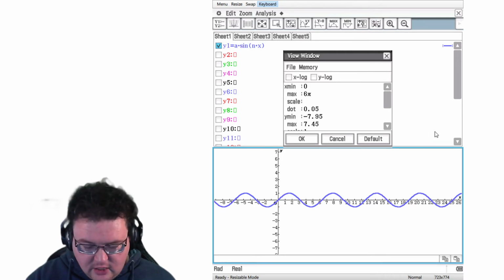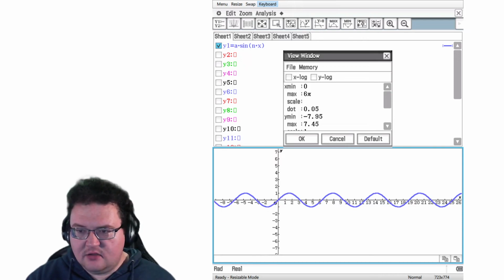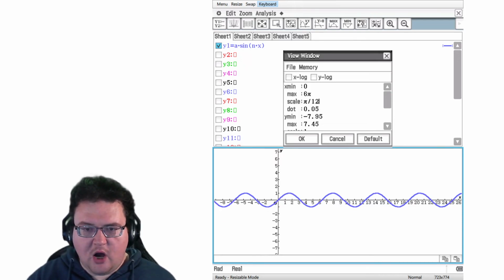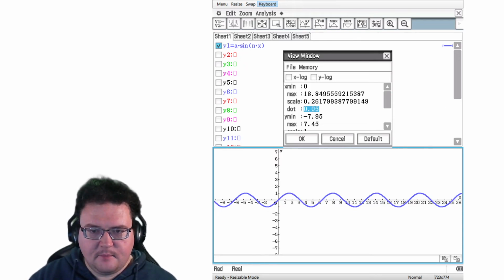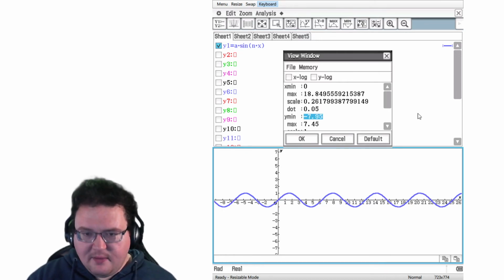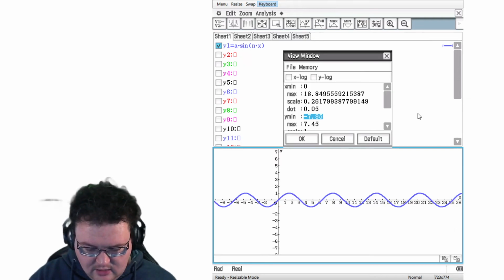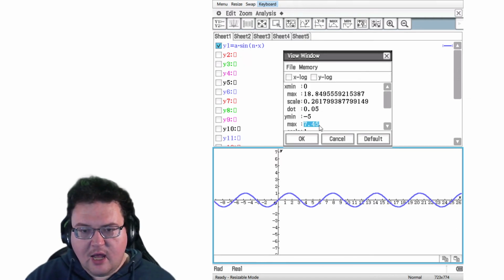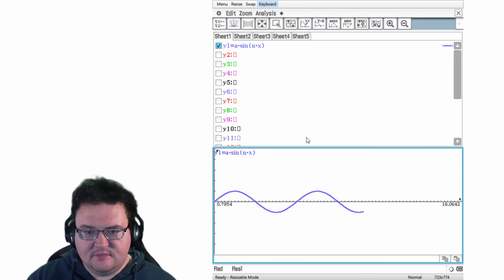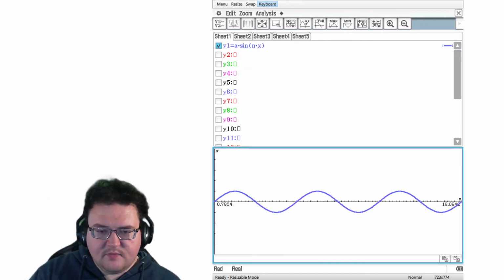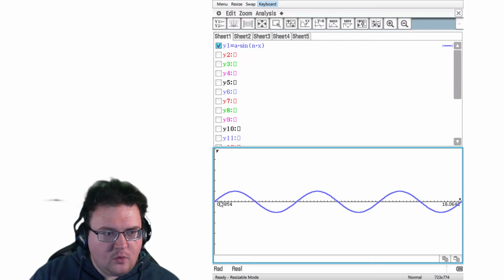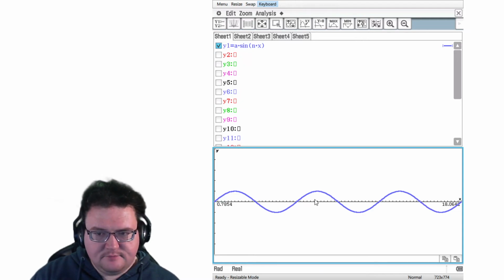I'm also then going to change the scale to pi on 12. I'm going to change my y minimum and y maximum. The y minimum is going to be -5, and my max is going to be 5. So each single one of these little marks from left to right are going to be pi on 12.